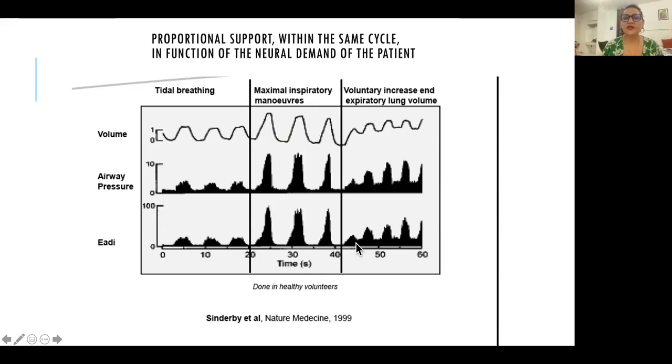And there may be a voluntary increase in expiratory lung volume. So there may be a lower or higher EDI, and proportionately the pressure is going to change. You may see the EDI might be different, and hence the pressure might be different to achieve that much tidal volume.